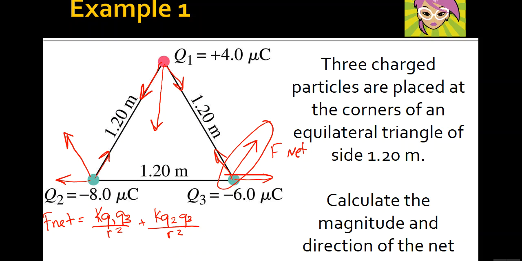I just have to write the same thing for the y direction here. k Q1 Q3 over r squared times sine 60 degrees. This is going to be a negative number because it's going in the negative x direction.